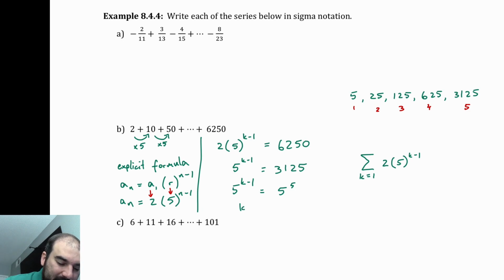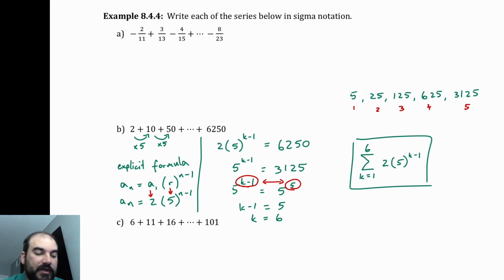So we can now say that k minus 1 is equal to this exponent 5. And so k, when we add 1, is going to be 6, which means the last number we plug into this explicit formula is 6. So we're going to put a 6 at the top of our summation notation, sigma notation.